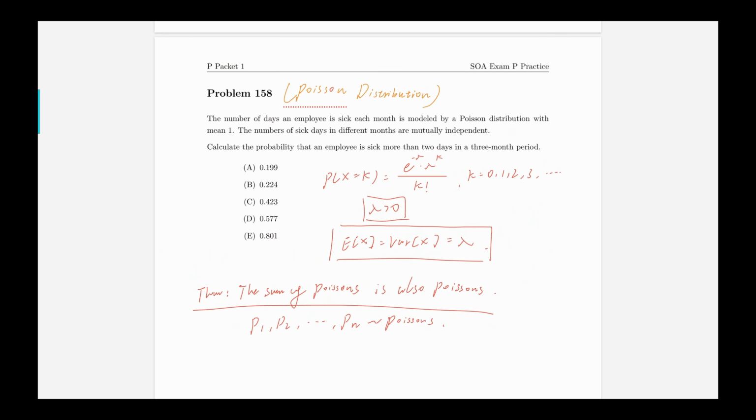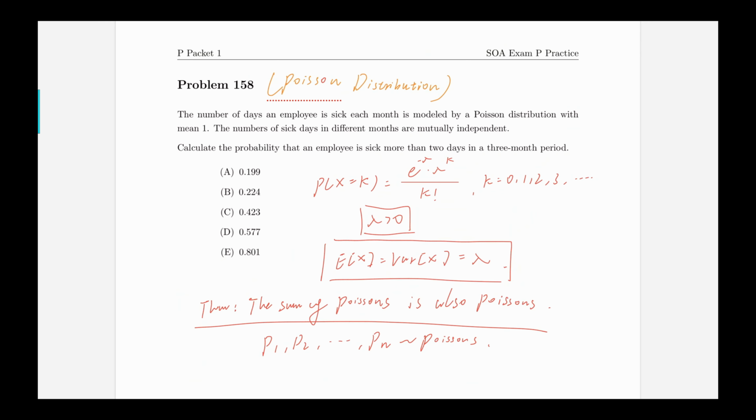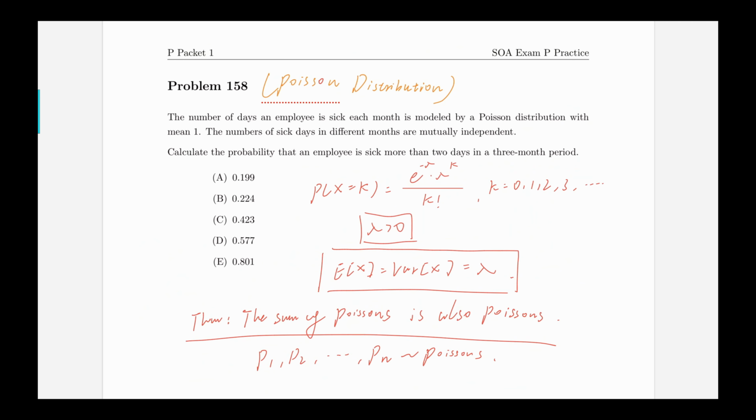Okay, so let's go back to the question. That was all the concepts you need to know. The number of days an employee is sick each month is modeled by a Poisson distribution with mean 1. So we know the mean is 1 and the variance is 1. The number of sick days in different months are mutually independent.